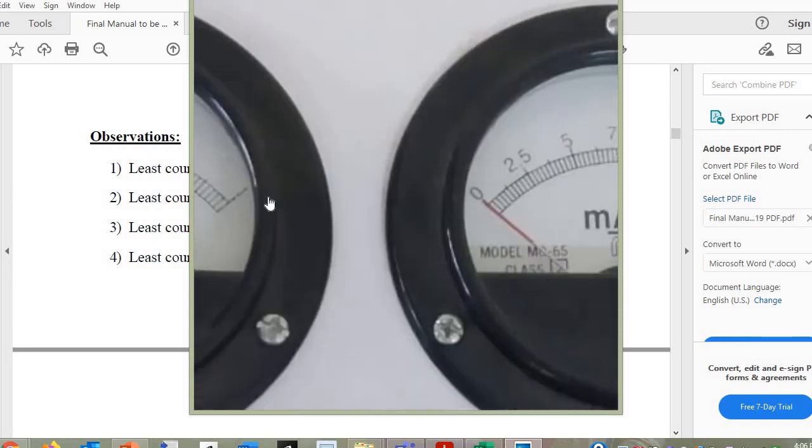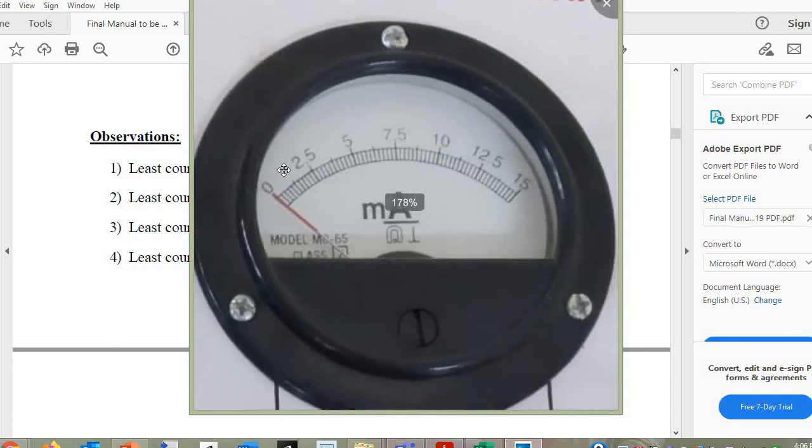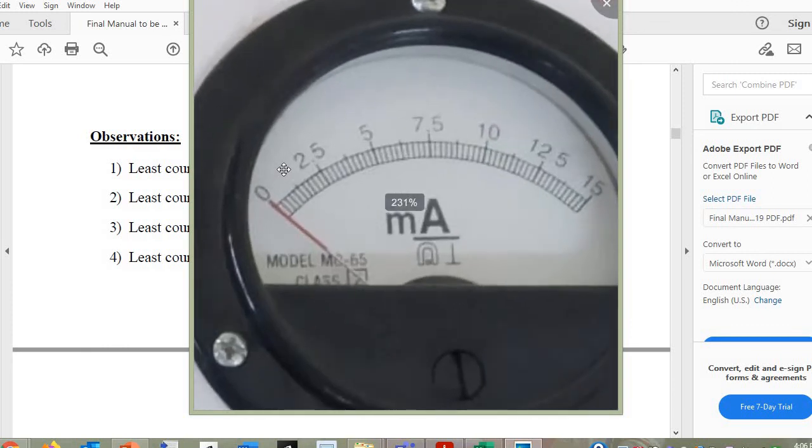Next, I'll show the milliammeter, which is used for the forward bias characteristics. Now give me the least count of this particular meter. 0.25 milliampere.